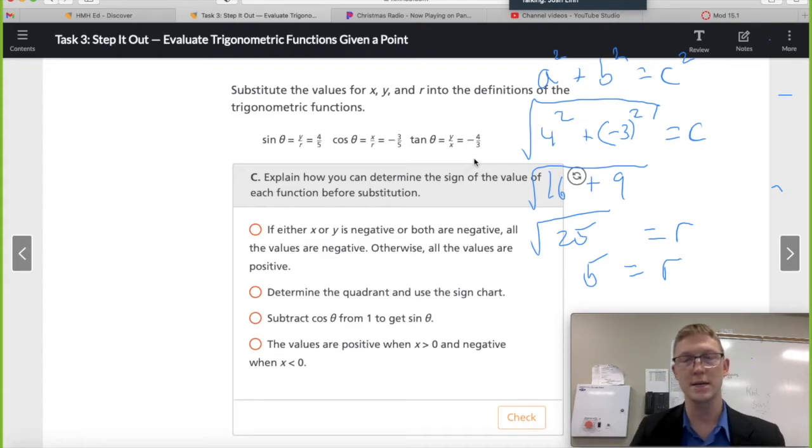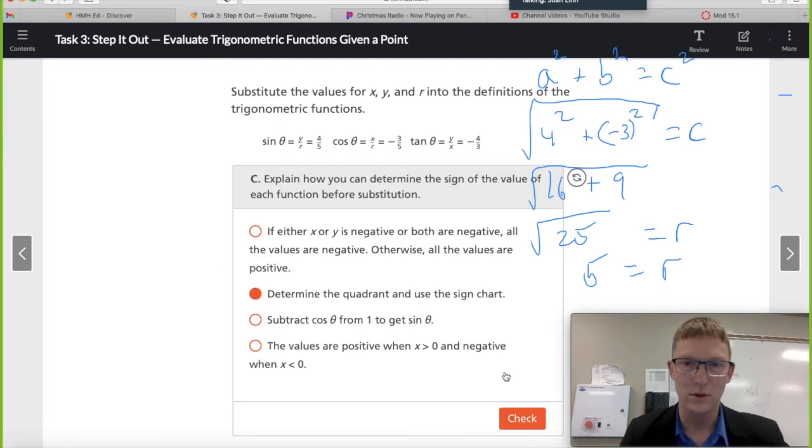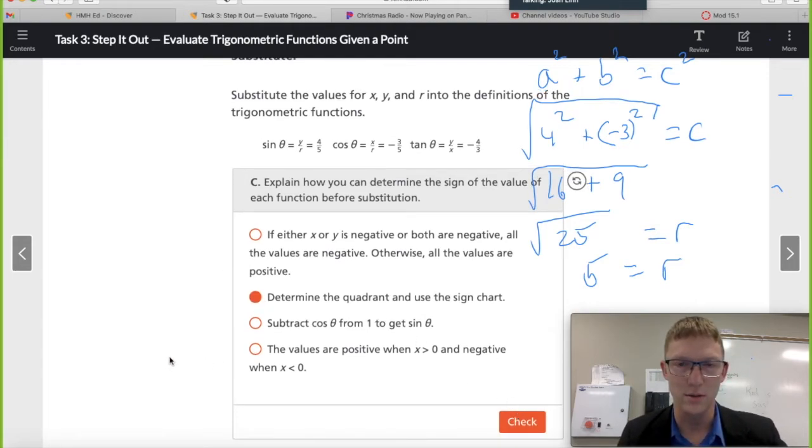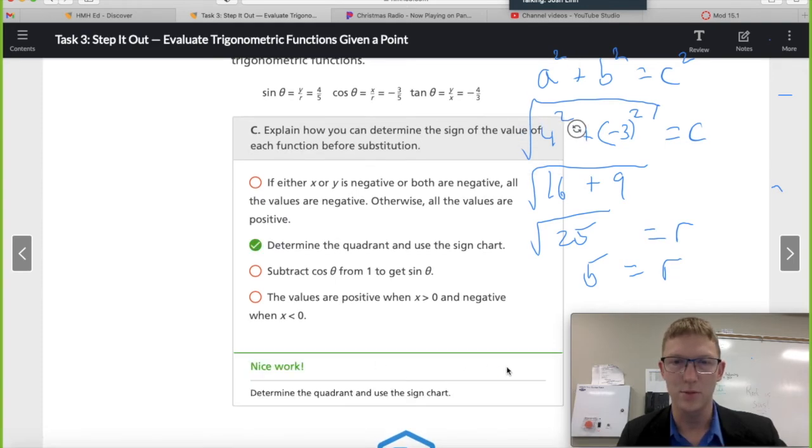Tangent is y over x, -4 over 3. Too easy, right? So explain how you can determine the sign of the value of each function before substitution. Based on the quadrant that we're in, determine the quadrant and use the sign chart. But I told you to be able to rationalize it yourself because that helps me.